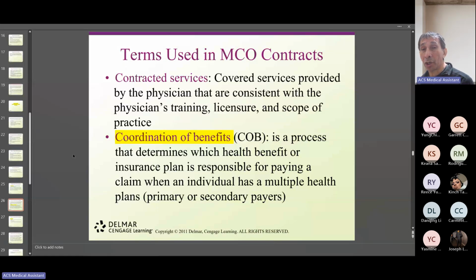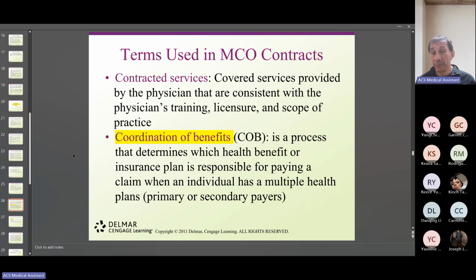So that's what's called coordination of benefits. Whether you have only one insurance, then that's the one that pays. But if you have multiple insurances, you have your primary insurance and a secondary insurance. You can do that. People do that.